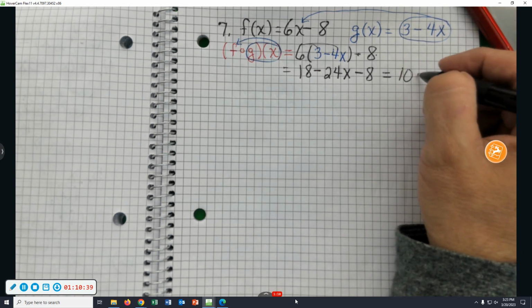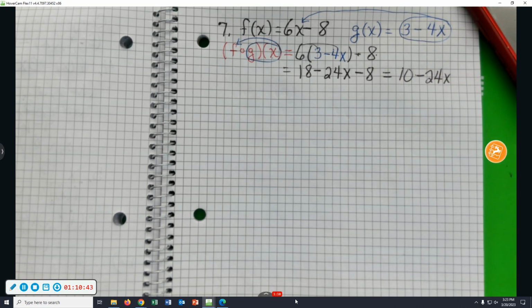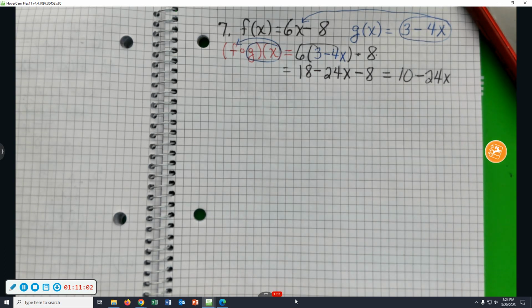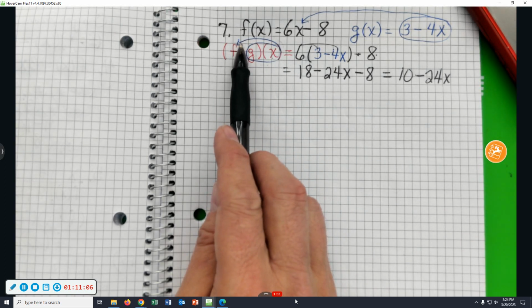If you want to write it in descending order, negative 24x plus 10, that's probably a better way to write it. I'll leave it as 10 minus 24x. If your brain starts thinking, why didn't he write that as negative 14? No, I can't subtract the 10 and 24. Those aren't like terms. So I took the g of x, plugged it into f.